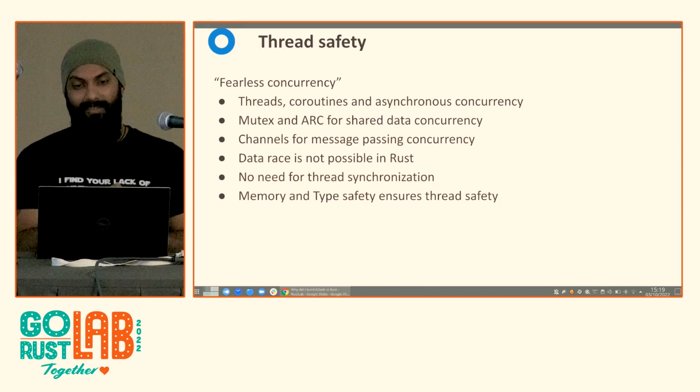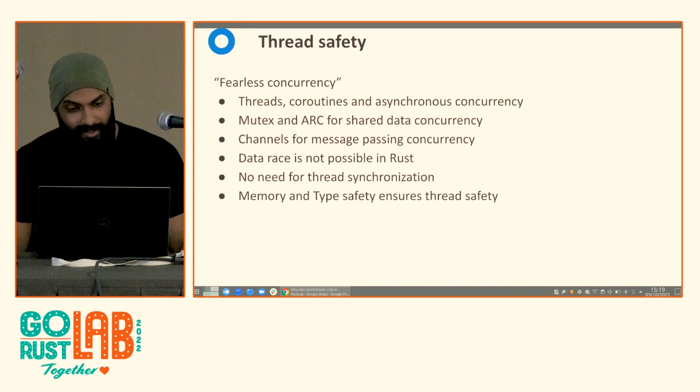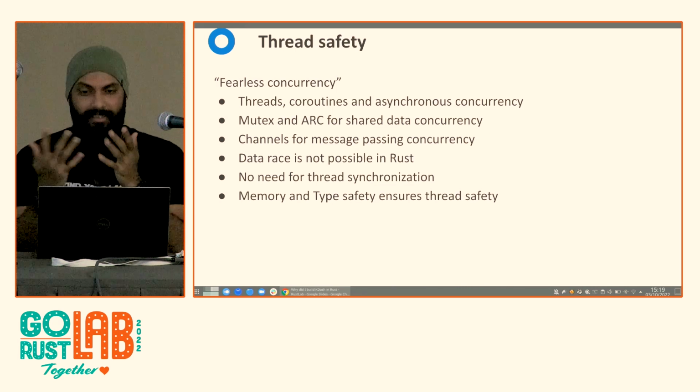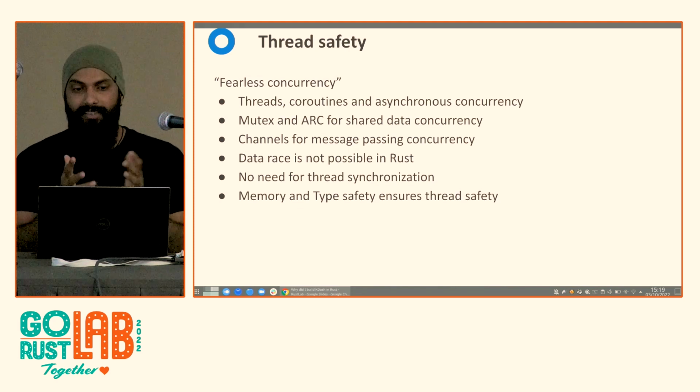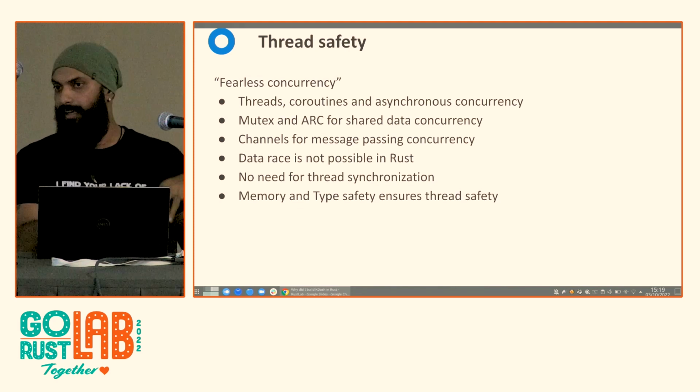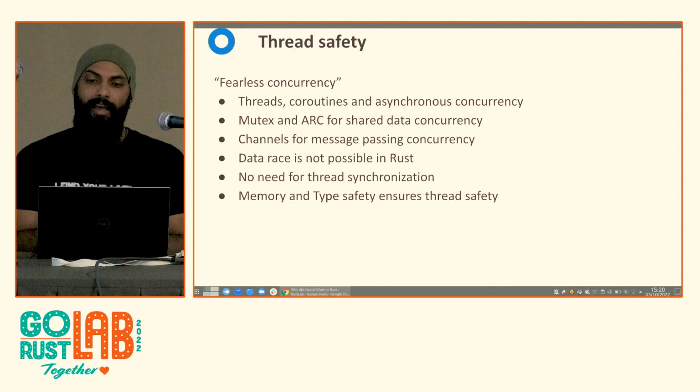And thread safety, man. The thread safety that Rust guarantees is phenomenal. And I like the fact that you can use channels, mutex, Arcs, or whatever, and you still get thread safety.